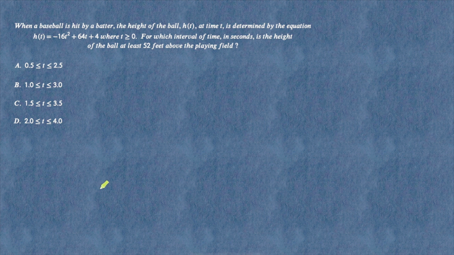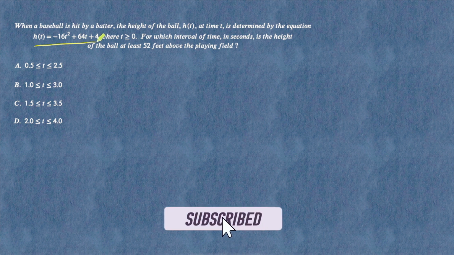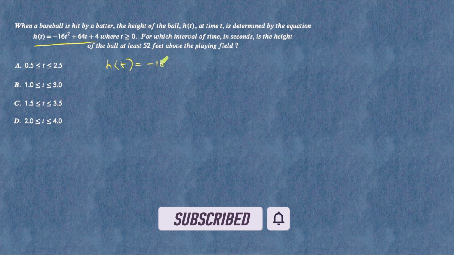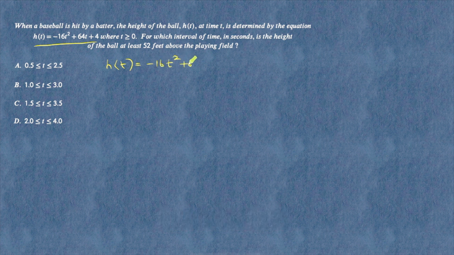Let's see how we can solve this problem. Here they have given the height of the ball h of t as a quadratic equation. So we have h of t equals minus 16t square plus 64t plus 4. Now the key thing is the height of the ball is at least 52. It can be greater than 52.